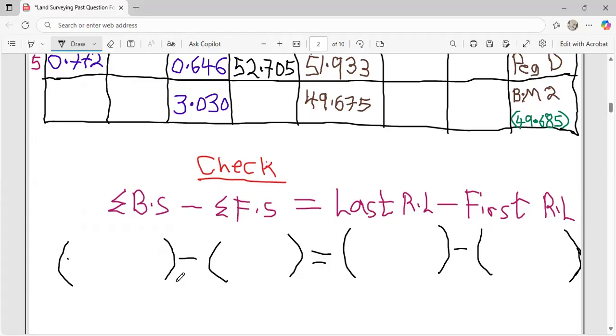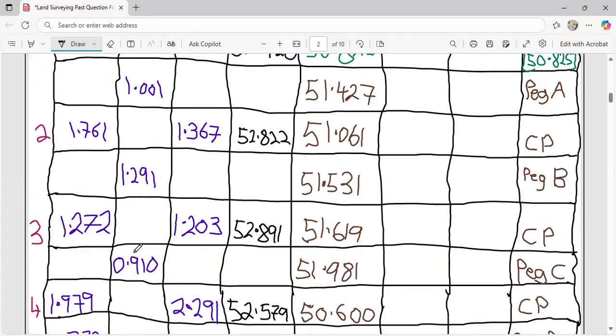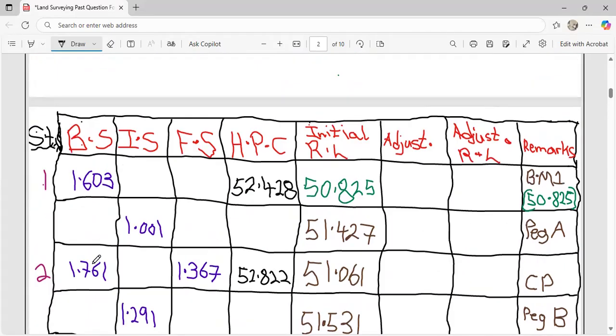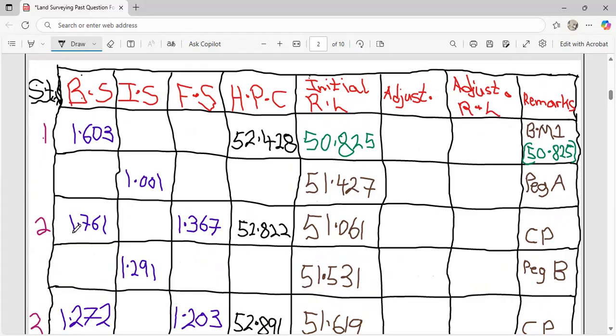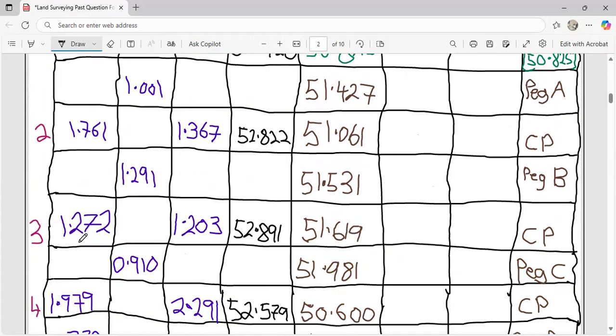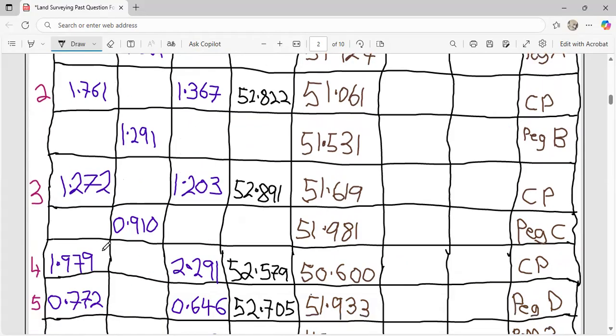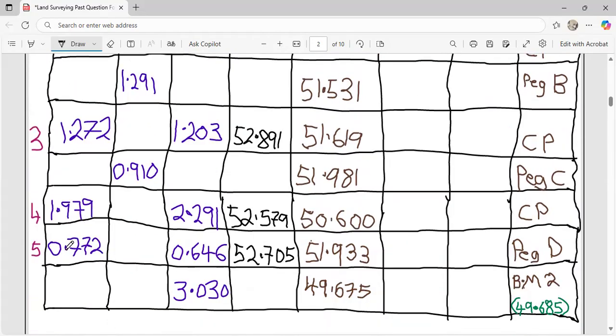So let's add 1.603 plus 1.761 plus 1.272 plus 1.979 plus 0.772.